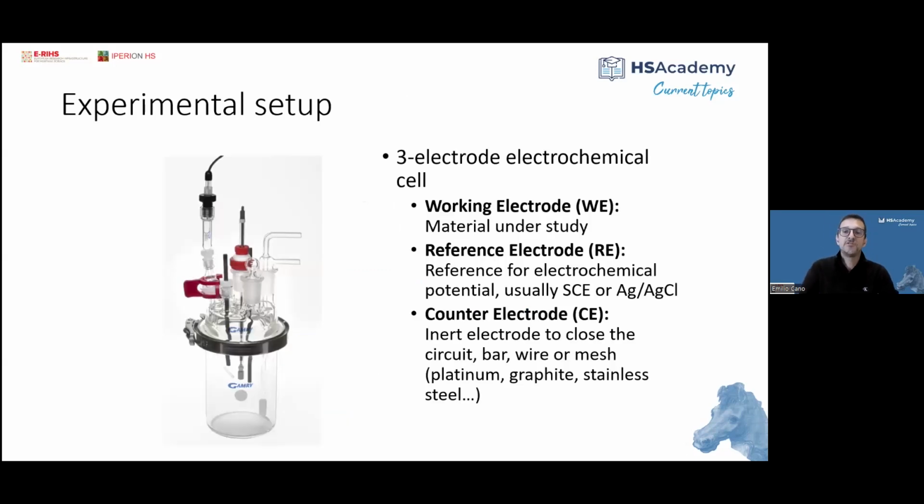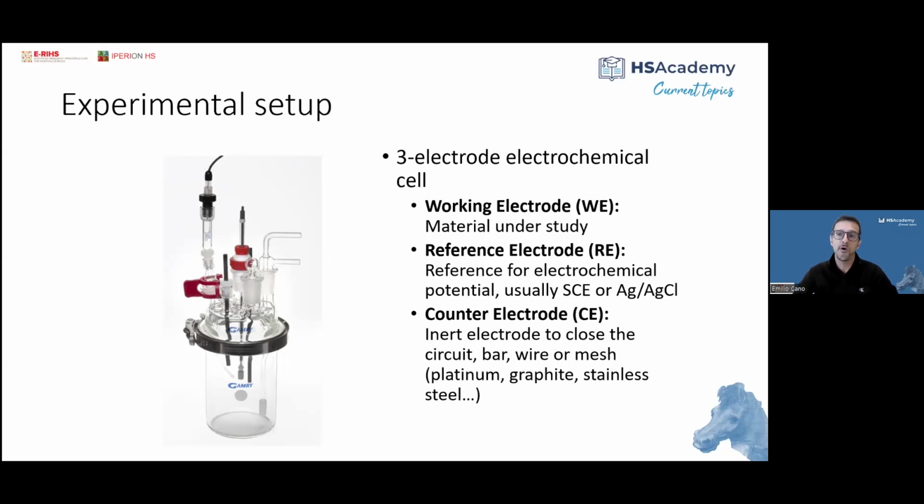Starting with this last, the equipment, to perform these electrochemical measurements, we need to build what we call an electrochemical cell. It is a setup in which we have typically 3 electrodes. We can measure also with 2 or even 4 electrodes, but the most typical setup is with 3 electrodes, in which we have the working electrode, which is the piece of metal we are measuring.